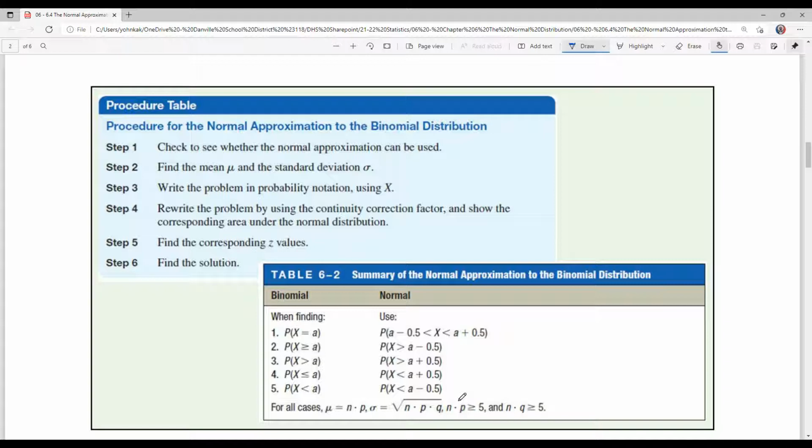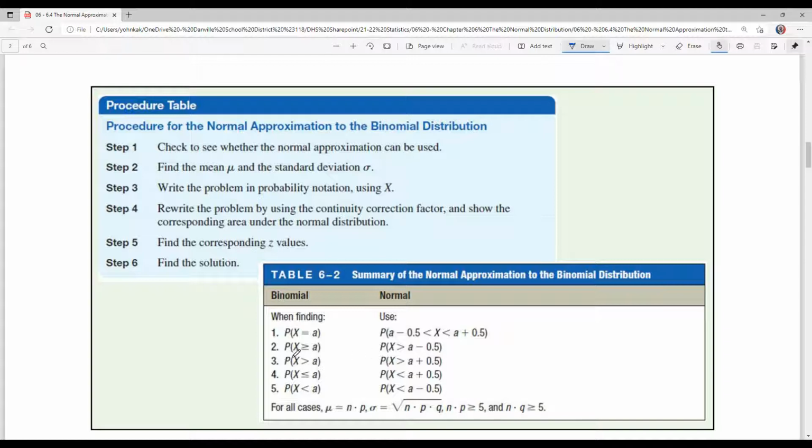Notice in this table that when we're finding the probability of x equaling a, we can't actually do the binomial distribution right away. So if we want to use the normal approximation, we're going to plus or minus 0.5 to both sides of that value so that we can try to capture what it is when it actually equals something. If the probability of x is greater than or equal to a, it's going to stay greater than, but we're going to back up a little bit to the left so that we can include that equal to part.